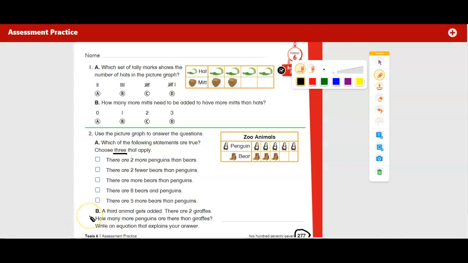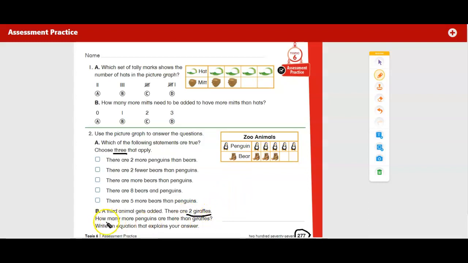For part B, it says a third animal gets added. There are 2 giraffes. How many more penguins are there than giraffes? Write an equation that explains your answer. 2 giraffes get added into our picture chart.